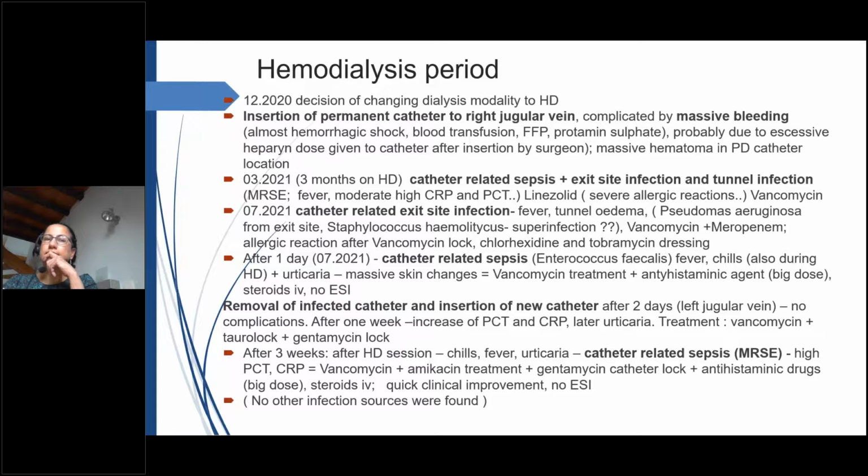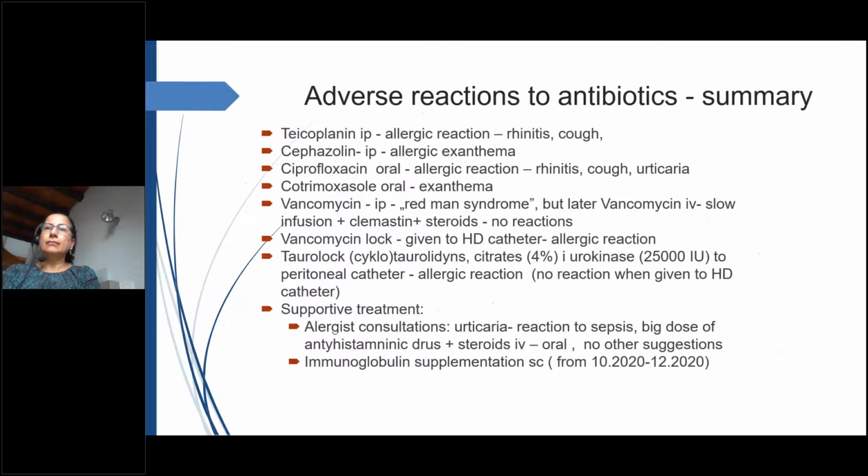For a while he was on subcutaneous immunoglobulin supplementation, but now his immunoglobulin levels are okay. And here you have a summary of his adverse reactions to antibiotics throughout his clinical course.